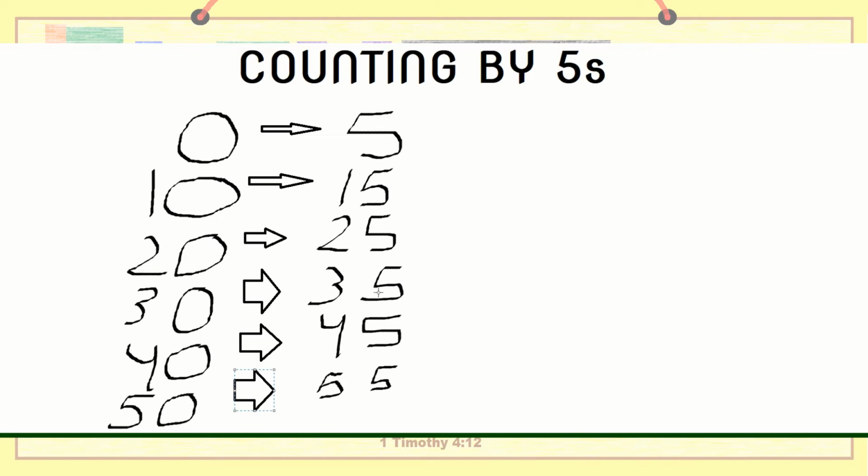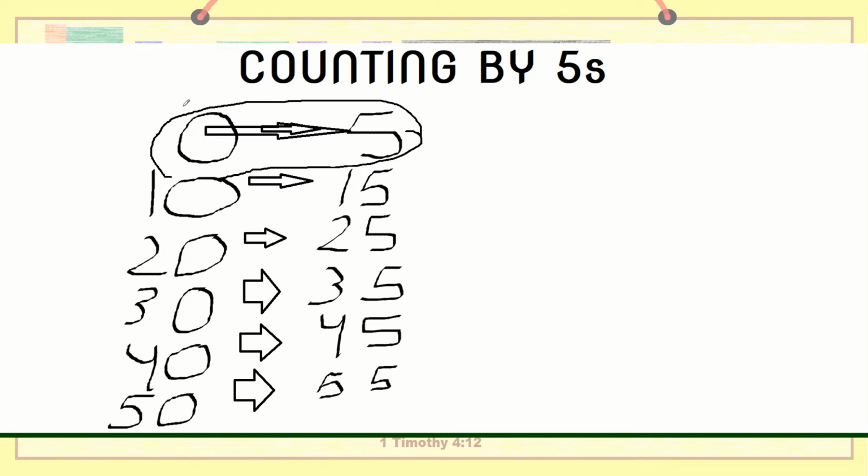This is how we count by 5. We continue to do that cycle. So we go from 0 all the way to 5. And then we go from 5 back around, or we can go around this way.